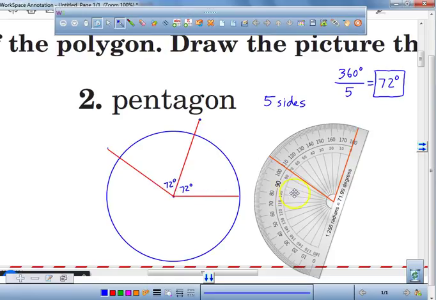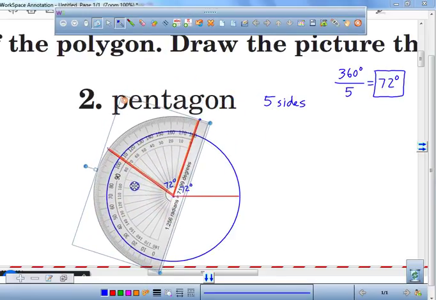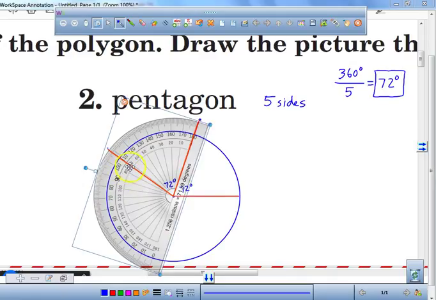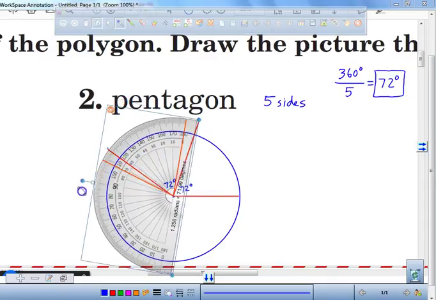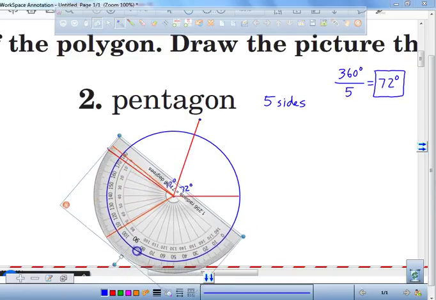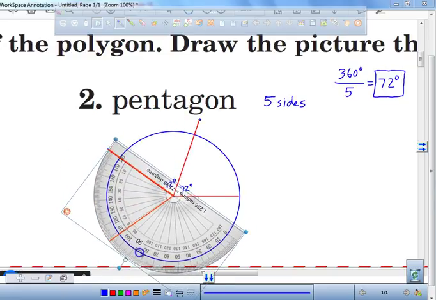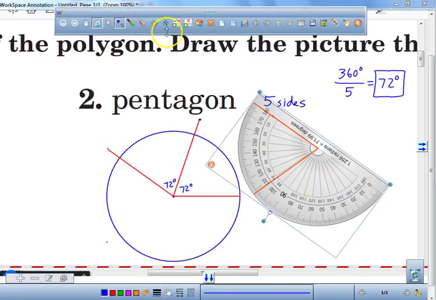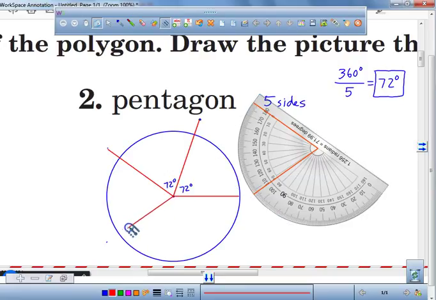Still 72 degrees. Alright. Keep working my way all the way around.